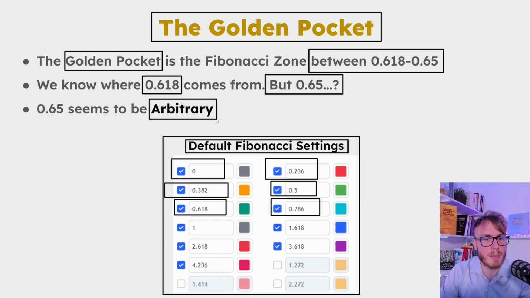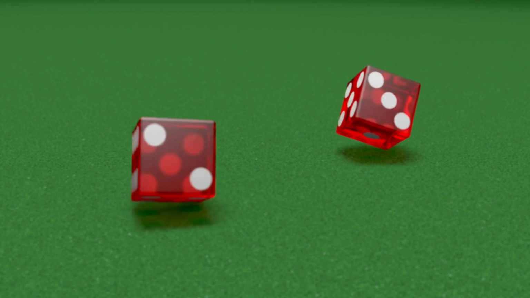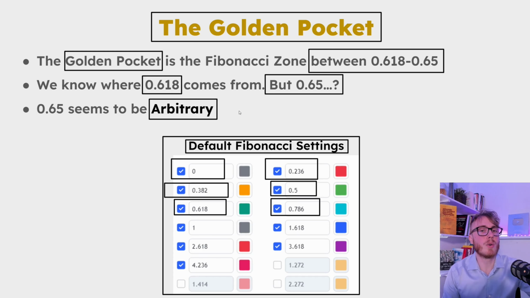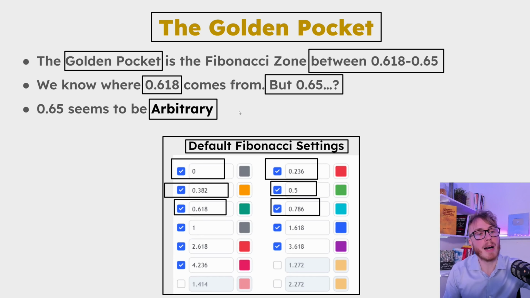And what I mean here by arbitrary? Well, it seems like 0.65 is pretty much a random number. Or in other words, there's no mathematical or geometrical explanation behind the 0.65 number. And because this is the case, we have no real reason to use the 0.65.